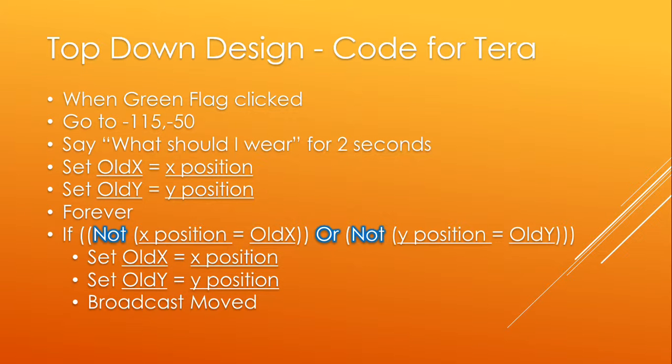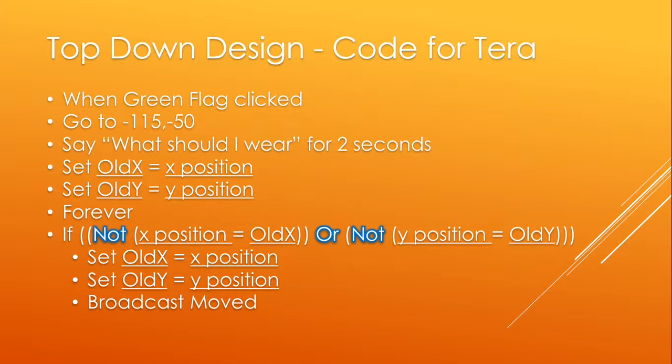Okay, so basically looking at the initialization function. When the green flag is clicked, put Tera at a certain position just to start off with. Then she must say, "What should I wear?" You set her old X and old Y position to her current position, so we can start tracking already if she's going to be moving at any point.